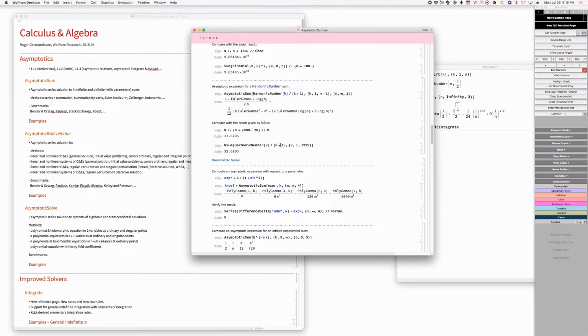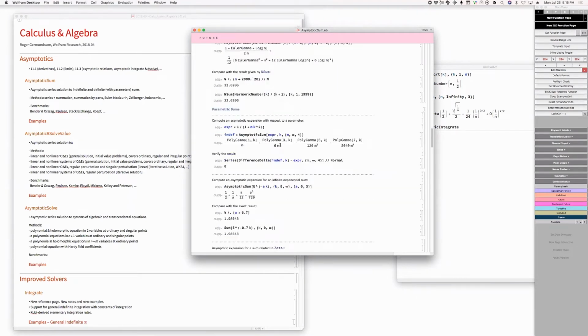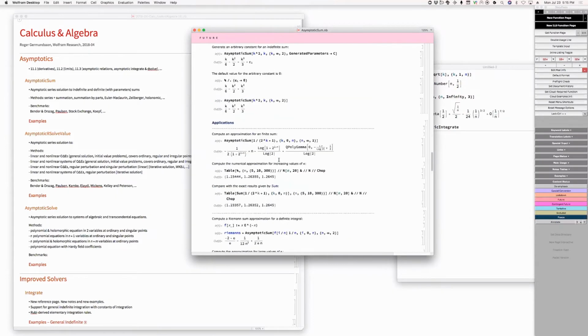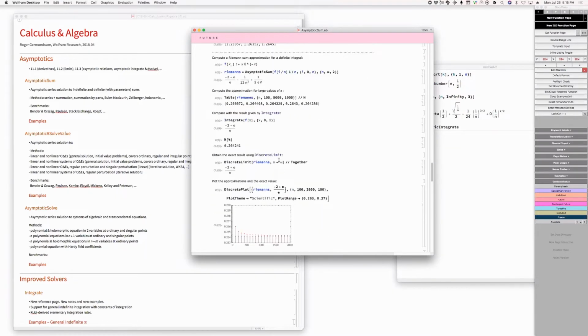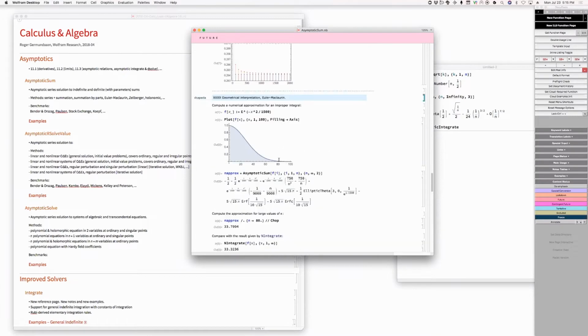This is all quite magnificent. Series of difference delta: the difference delta of this thing should return the original expression. If you do an indefinite sum, the very definition of that is like for indefinite integral, that if you take the derivative... Yeah, I get it.